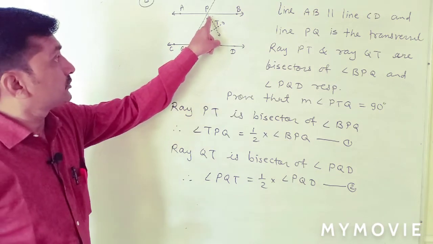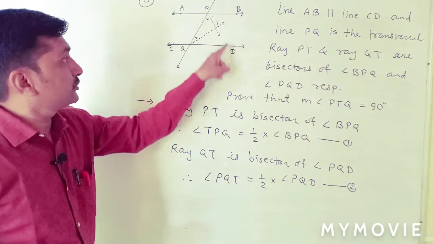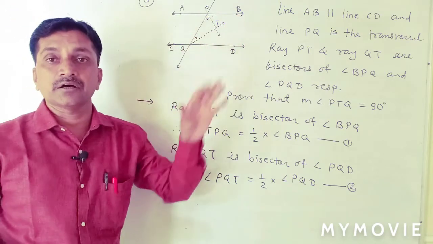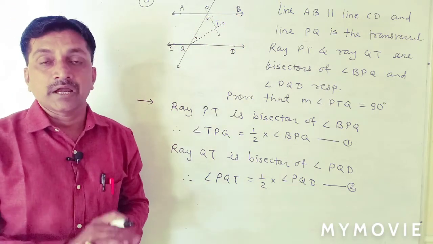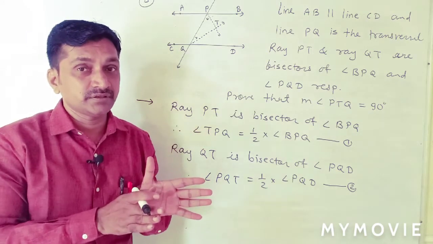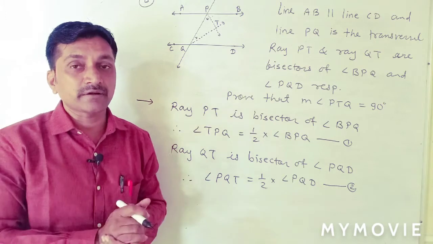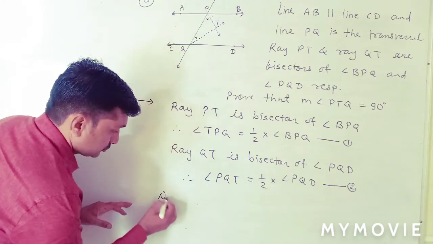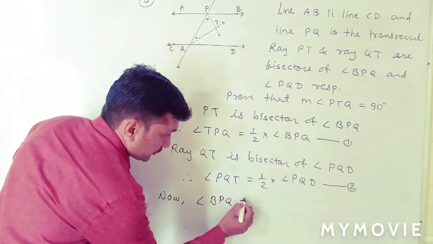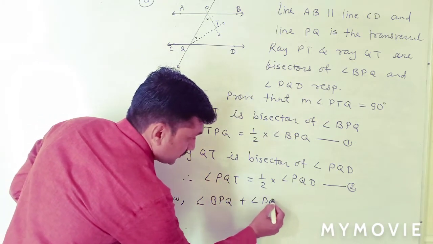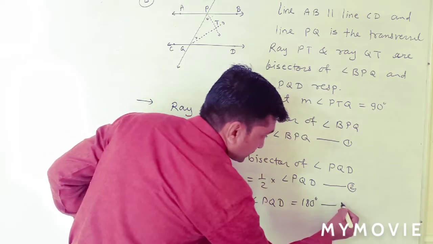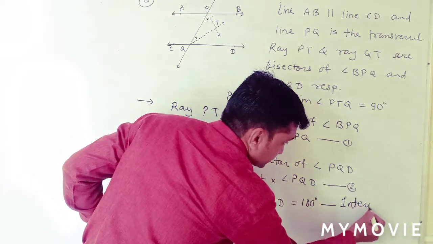Now take BPQ and PQD. What is the relation between BPQ and PQD? These angles are interior angles, and interior angles are supplementary. Supplementary means their sum is 180. Angle BPQ plus angle PQD is equal to 180 degrees.